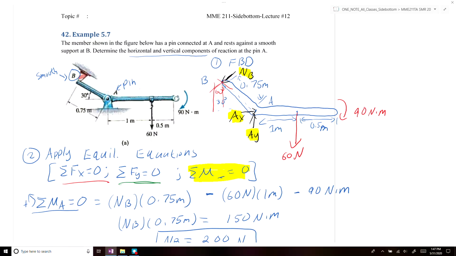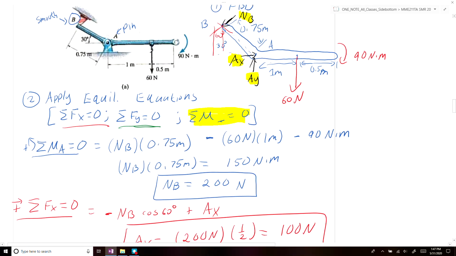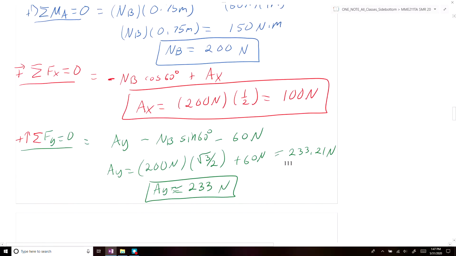Once you have your free body diagram, you'll use it and the equilibrium equations to solve for any of the unknown forces in your system. And that is it for these types of problems.